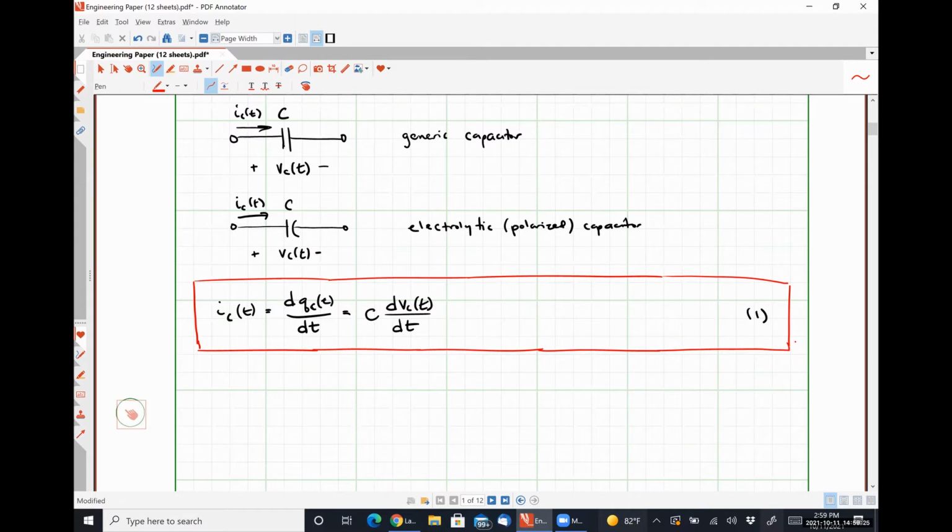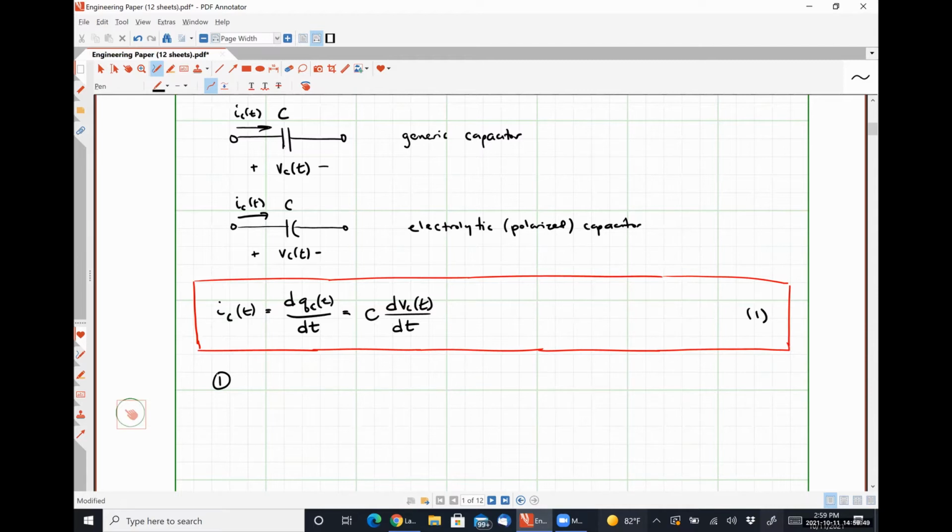So with that out of the way, we can glean two observations regarding the behavior of a capacitor from this equation, just like we gleaned two pieces of information regarding the behavior of the inductor from its equivalent equation, right?